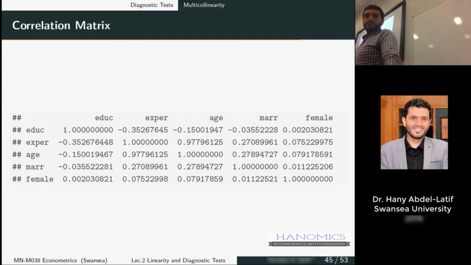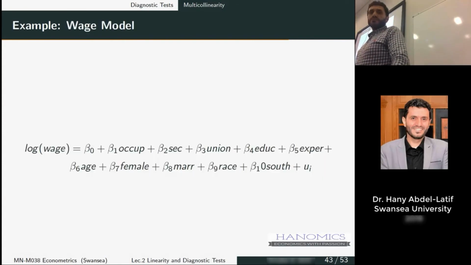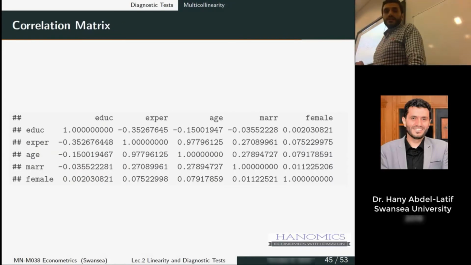Remember, I didn't put all variables, so that I would be able to fit them all in one slide. But I put the most important variables that I suspect are correlated. There are about 10 variables here, and I included only 5 variables in this correlation matrix.